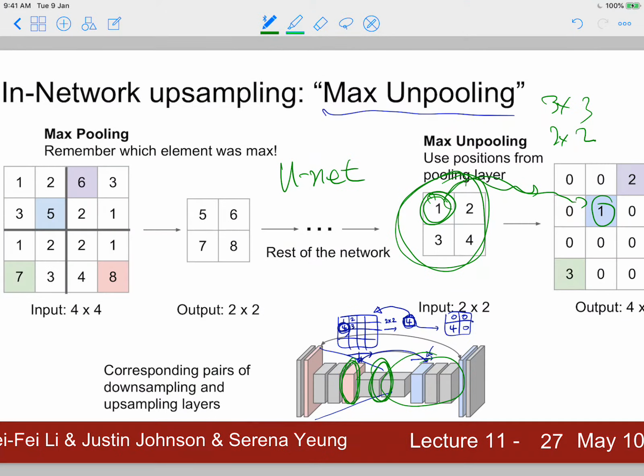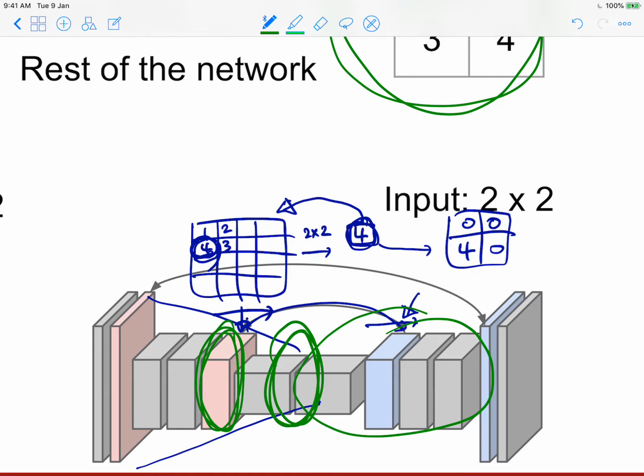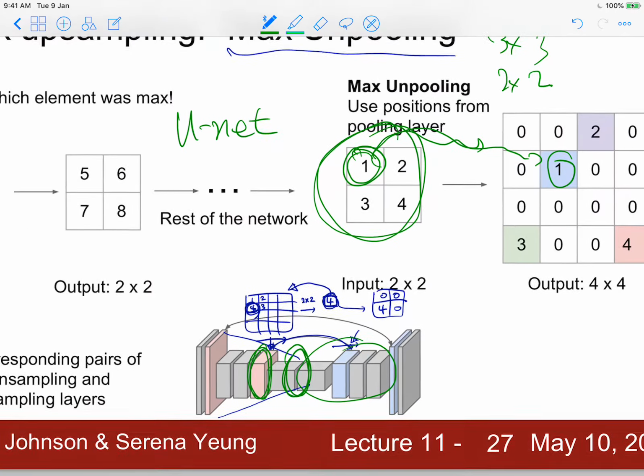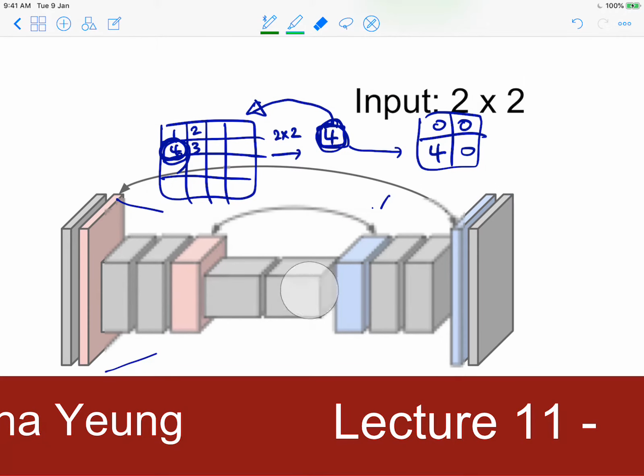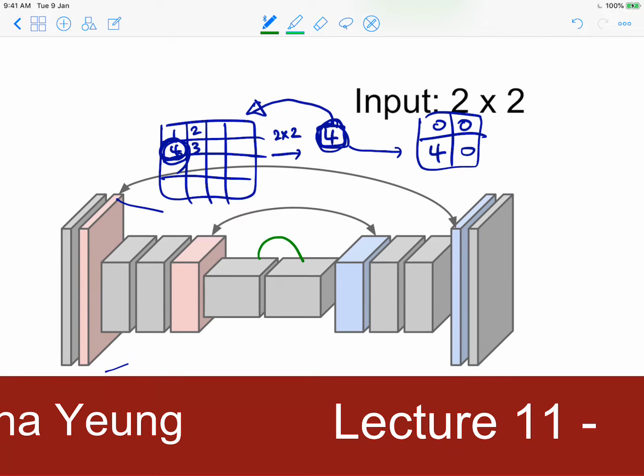So back to this architecture, we have some correspondences between this and this, and this and this, right? In terms of the symmetry.